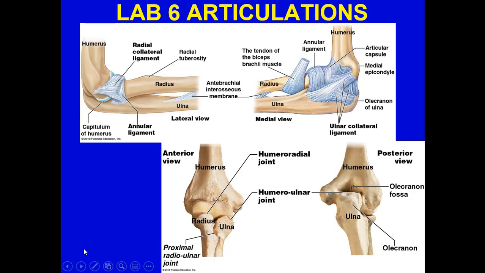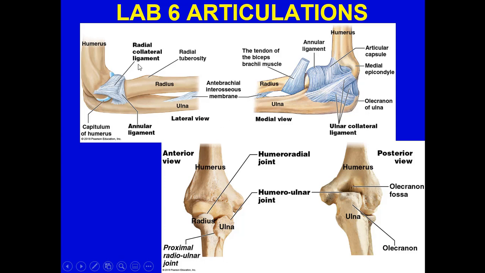Here you can see why this particular elbow is really a uniaxial joint, as they refer to it, because it can go up and down, but it can't go anywhere else.